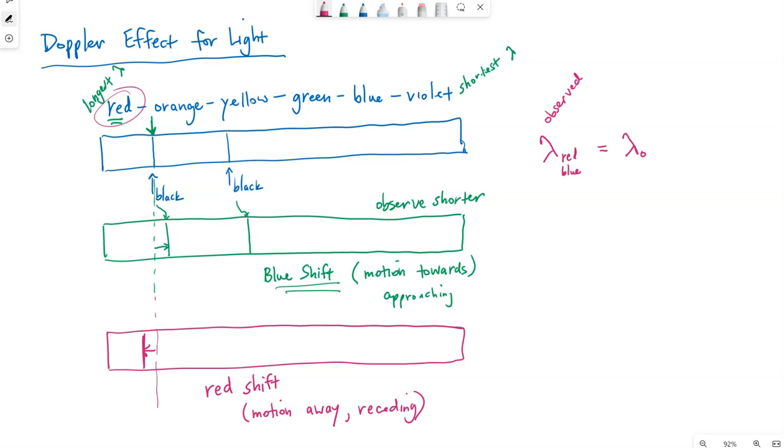That hydrogen absorbs or emits very specific wavelengths, times the square root of 1 plus or minus v of the source over the speed of light, divided by 1 minus or plus v of the source over the speed of light. And the signs similarly are, in this case, going to depend just on the source.